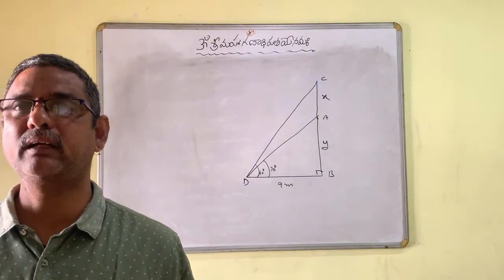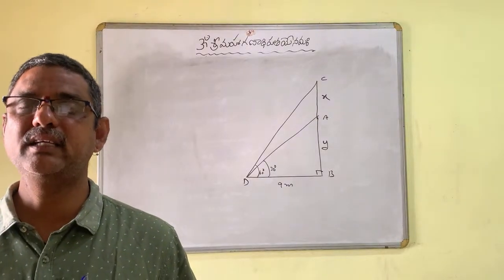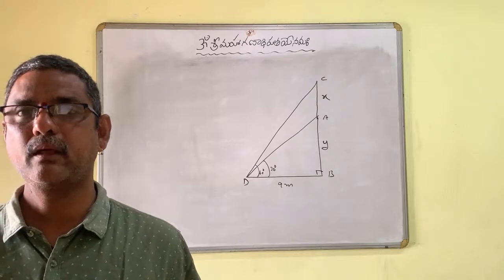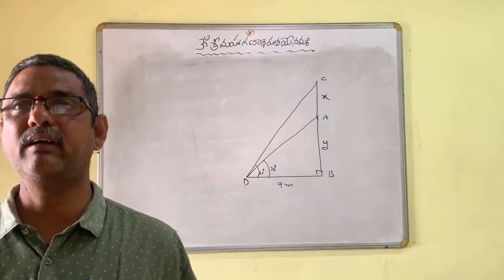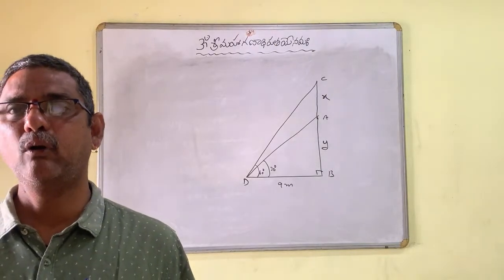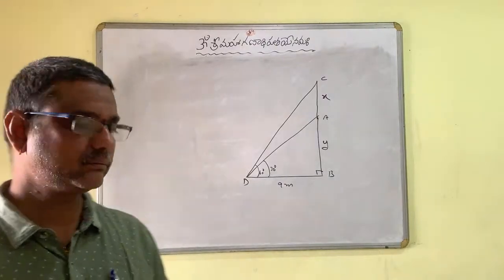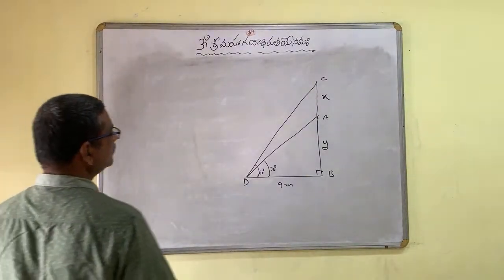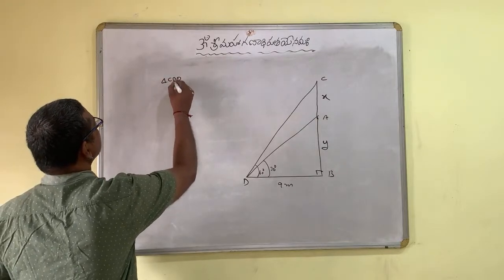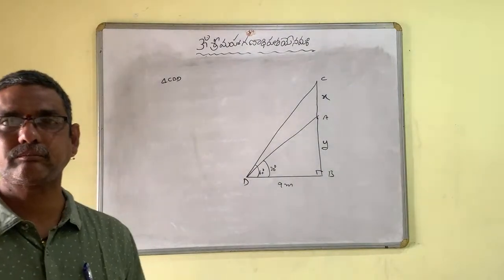We need to find out the tower height as well as flagpole height. And D is the point of observation which is 9 meters away from the foot of the tower. And from D the angle of elevation of top of the flagpole is 60 degrees and the bottom of the flagpole is 30 degrees. We need to find out X and Y. Now consider triangle CBD.